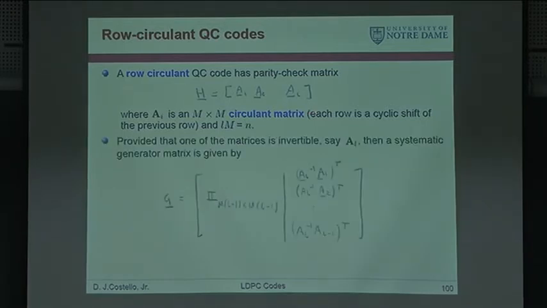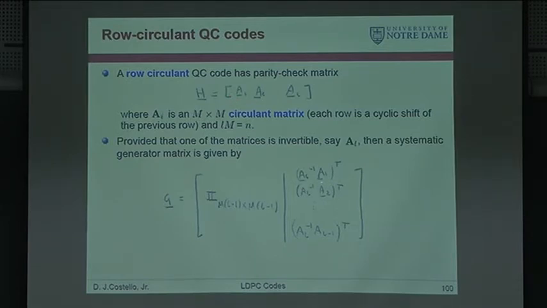Now, if one of the matrices is invertible, all we require is one of the matrices being invertible, then we can multiply its inverse by itself to get the identity matrix, and then we can multiply through all the circulants in the parity check matrix, and one of them will turn out to be an identity, and the others will turn out to be something else.